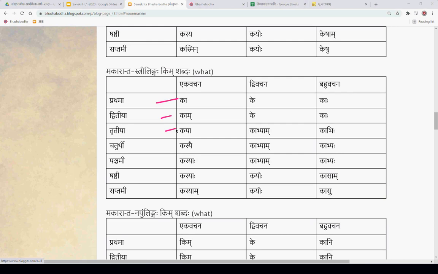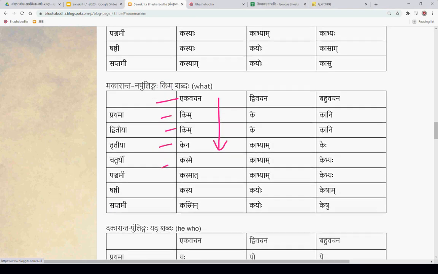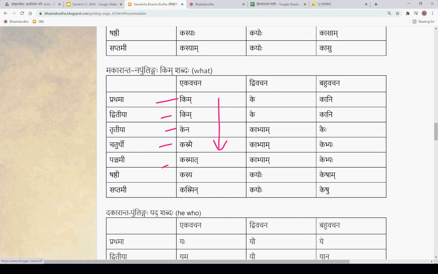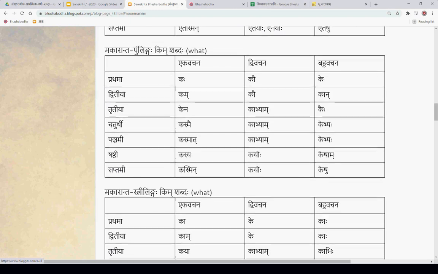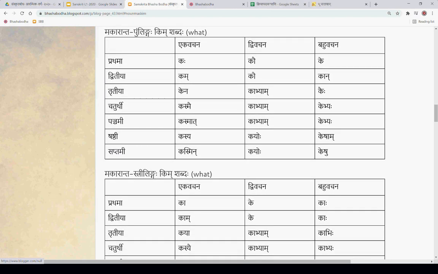In the next lessons we are going to study other vibhaktis. So you have the vibhaktis here. And in the Napunsakalinga, we have Kim, Kim, Kena, Kasmai. Pullinga and Napunsakalinga again, like in all other tables, the format is the same from Tritiya to Saptami.